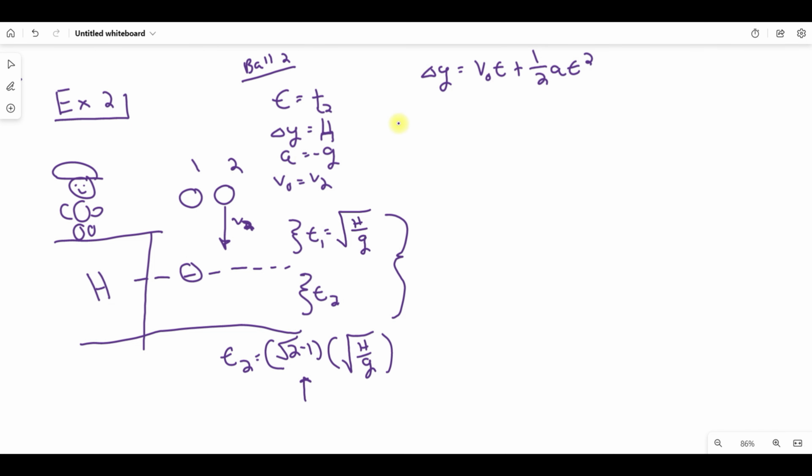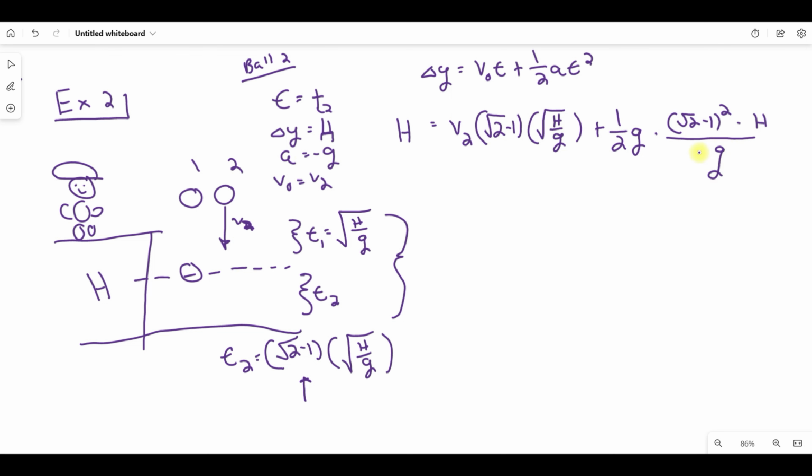So delta y is h, v naught is v2, the time is the square root of 2 minus 1 times the square root of h over g, plus 1/2 g times root 2 minus 1 squared times h over g. I just did the square in my head for that. That's how this t squared becomes that.